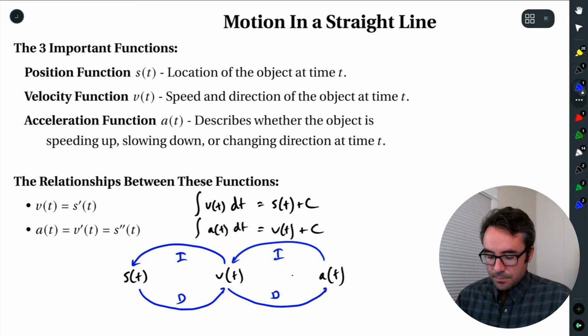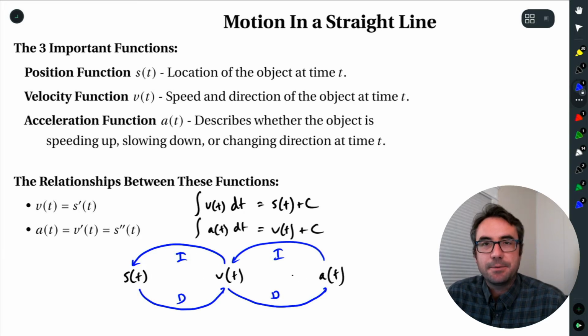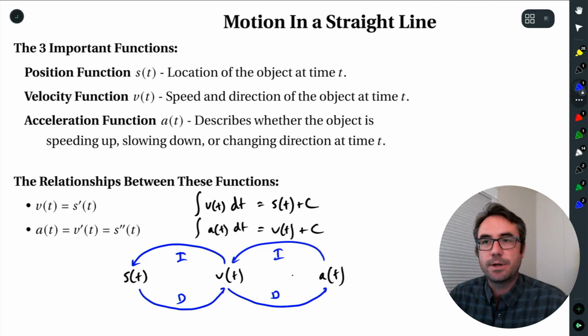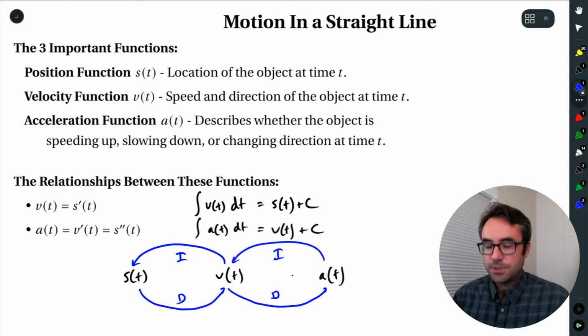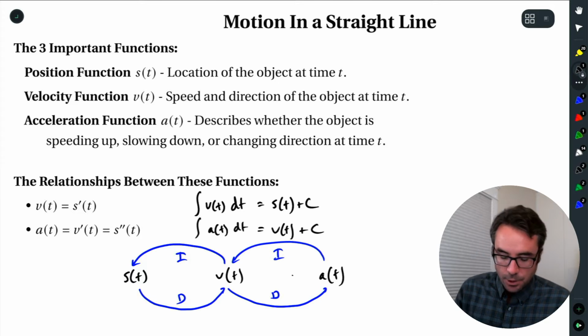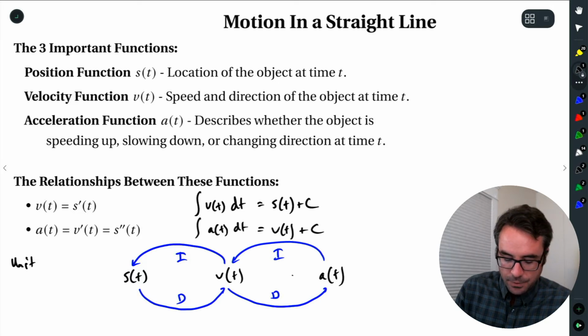These are really the ideas to keep in mind. We can move back and forth between these three different functions as much as we need to by using derivatives or integration. And when we talk about objects moving in a straight line, we do normally think of units.